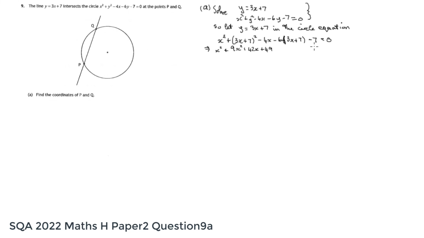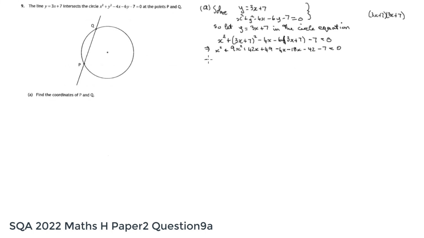You do your first outsides insides last if you want to do the working, and you'll get 9x squared plus 42x plus 49. And we're minusing a 4x. We've got a negative 6 outside these brackets, so it's minus 18x minus 42, minus a 7 equals 0.